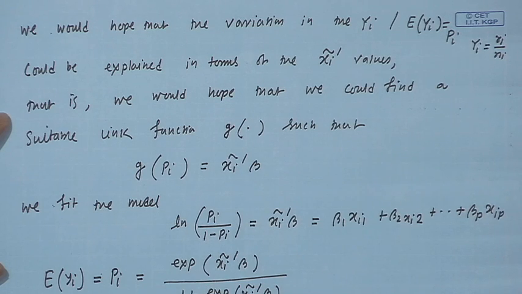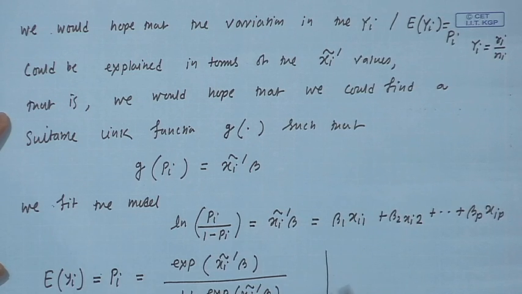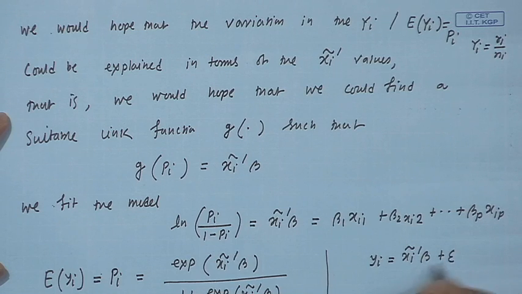Instead of fitting y_i equal to x_i prime beta, which is the case for the normal distribution, we are fitting the model y_i equal to this expression plus epsilon, and then the expectation of y_i is this one. Okay.